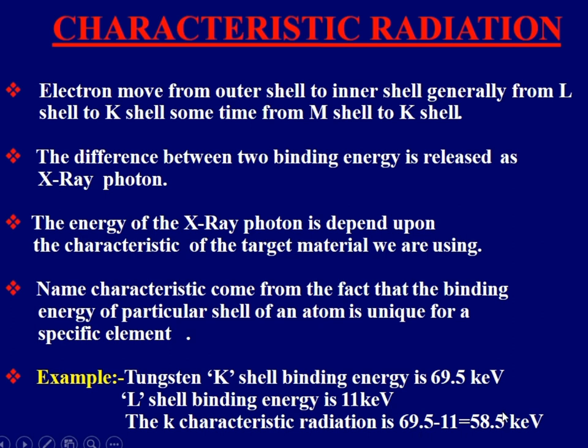The energy of that photon would be equal to the difference of both energy levels, which is 58.5 kilo electron volt. This is a rough idea of the energy of a particular photon. So the energy of the X-ray photon depends on the particular material used as a target, because the binding energies of different shells for different materials will be different.